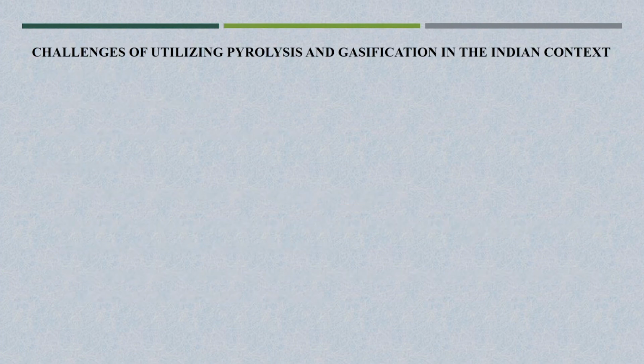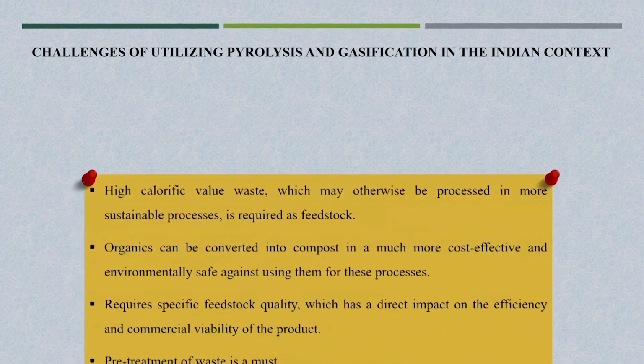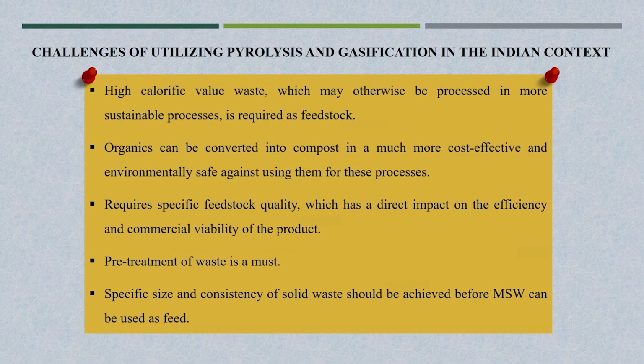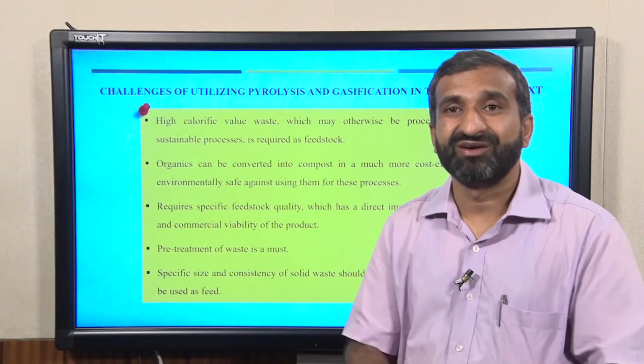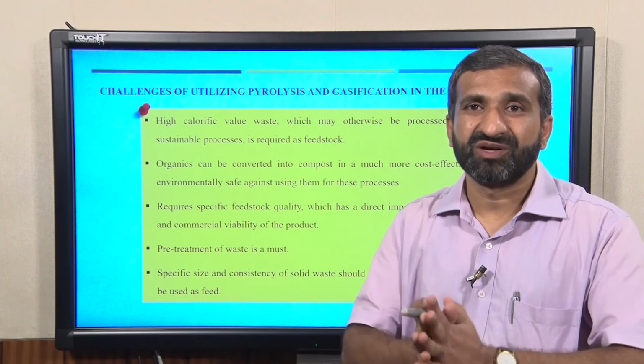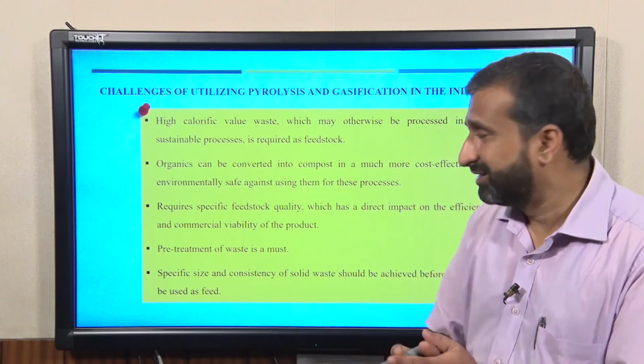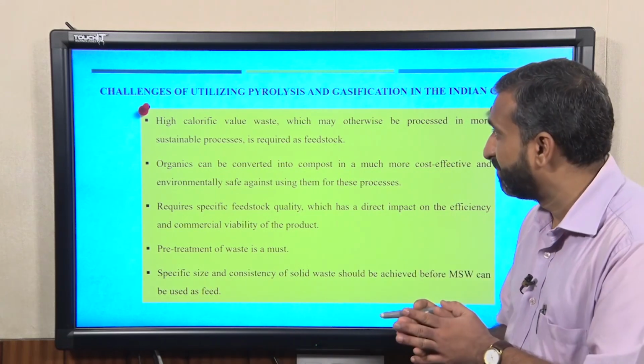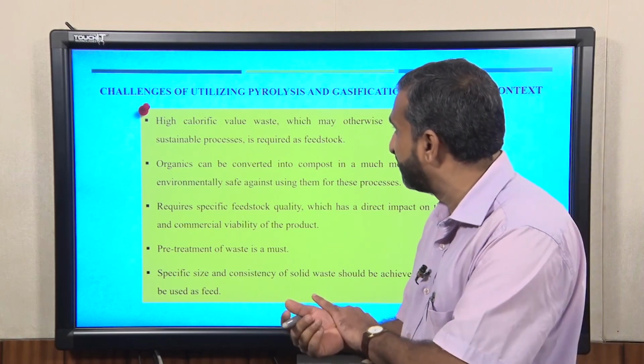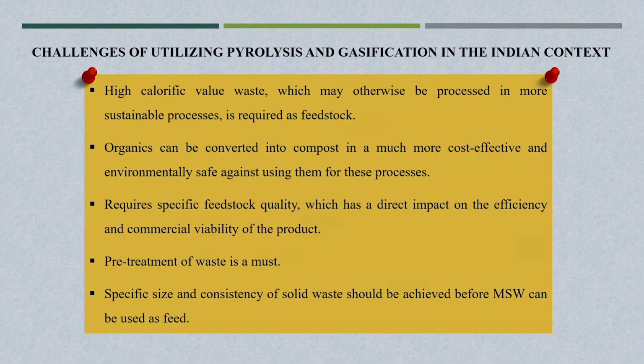So, challenges of utilizing pyrolysis and gasification in the Indian context. I have noted a few points on the challenges before trying to install pyrolysis and gasification plants in India. First, high calorific value waste, which may otherwise be processed in a more sustainable process, is required as feedstock.